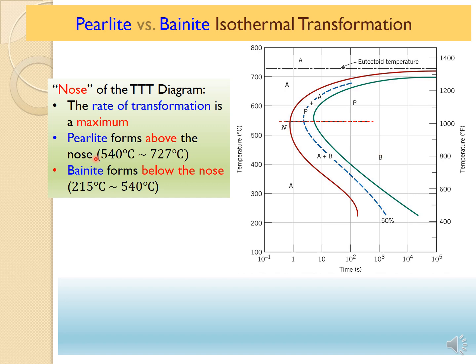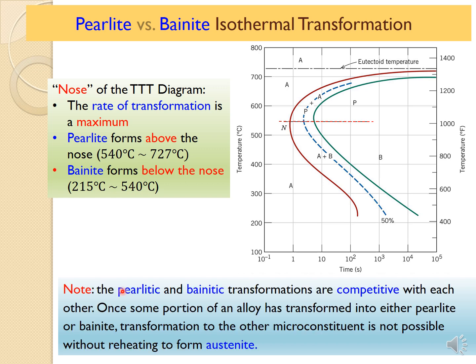The temperature region for pearlite to form is between 727, which is the eutectoid temperature, and the temperature of the nose, which is 540. And bainite is formed between 215 and 540. Again, that's the nose temperature.